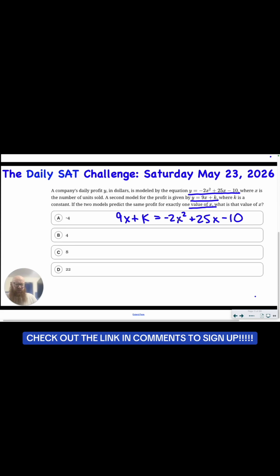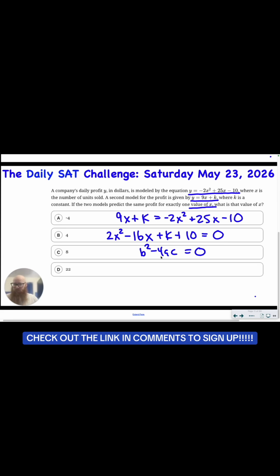I'm going to choose to bring everything to the left side, so my x squared is positive. So I get 2x squared, 9x minus 25x is negative 16x, plus k plus 10 equals 0. And what we know is, when we want there to be one solution to a quadratic, which is what we have here, then b squared minus 4ac has to equal 0.